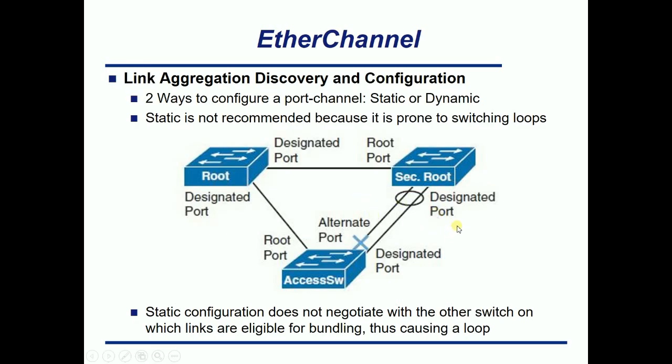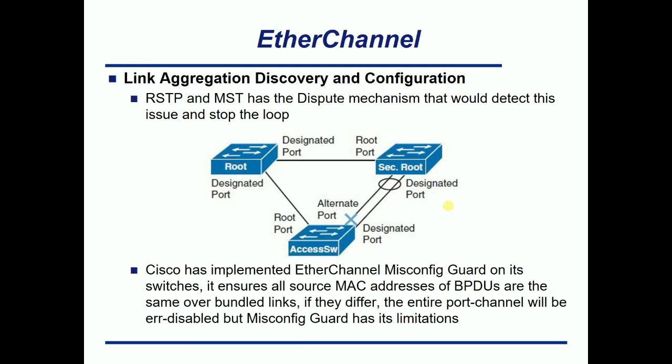This could also be a temporary loop because let's say you configure this to be a static EtherChannel first, and then 5 minutes later you go down to the access switch and do the static config. Within those 5 minutes, you could have a switching loop right there. If you're running rapid spanning tree or MST, then the STP dispute mechanism would detect that there's an issue and then it would actually stop the loop there.